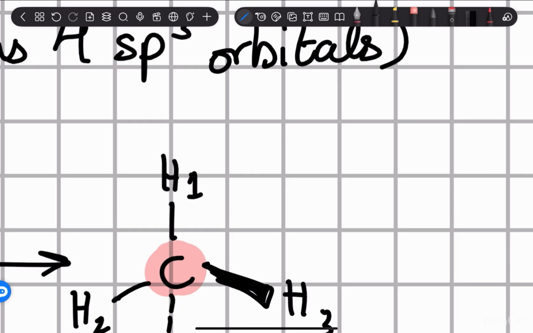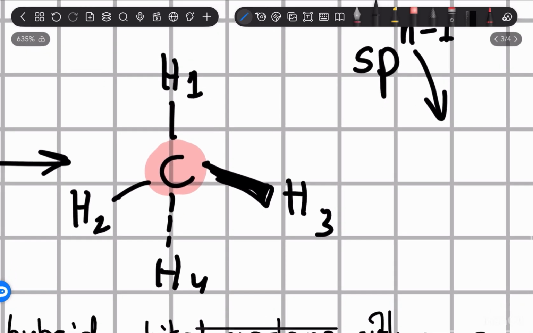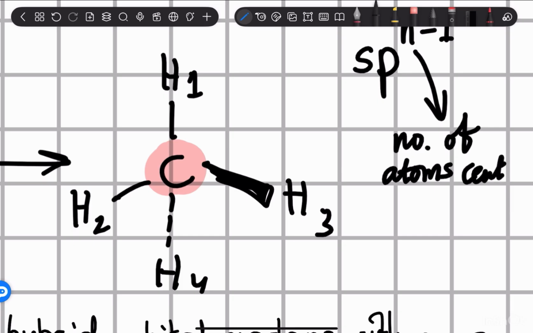To determine whether it's sp, sp2, sp3, you do sp to the n minus 1, where n represents the number of atoms your central atom is bonded to.